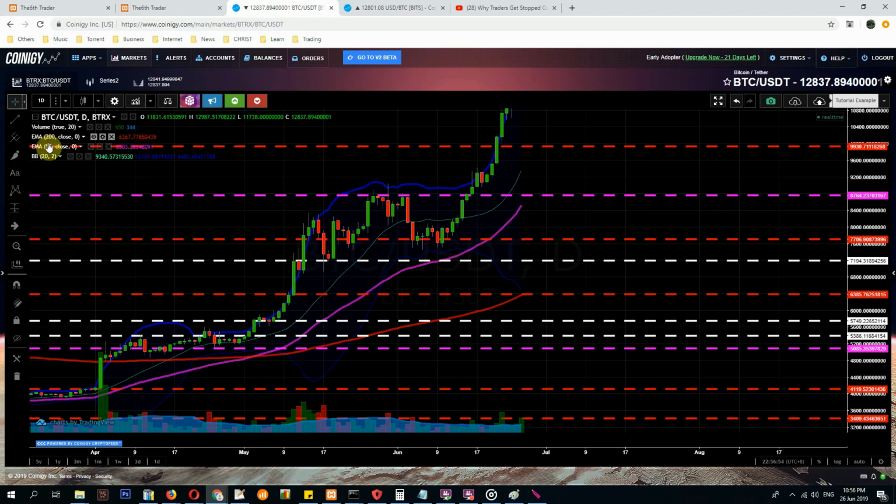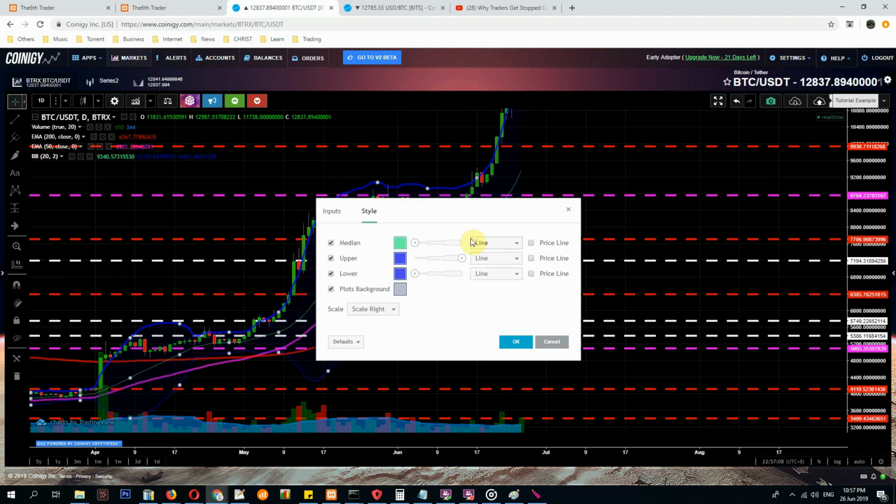But this one is a simple moving average of the 20 candles. If you want to know the difference between exponential and simple moving average, just google it. It's just a matter of formula.